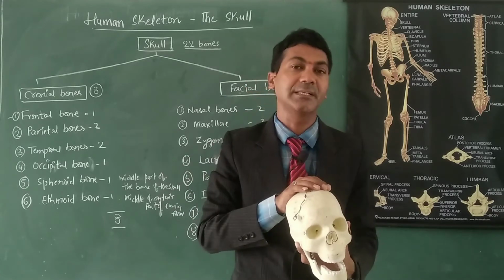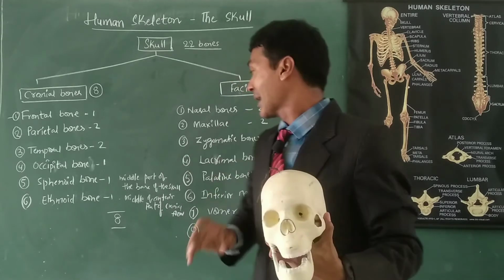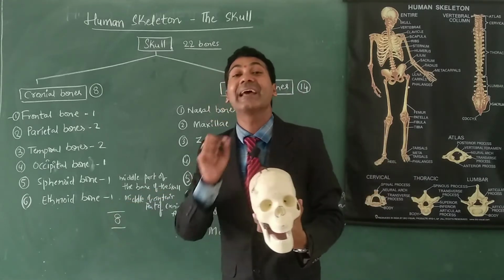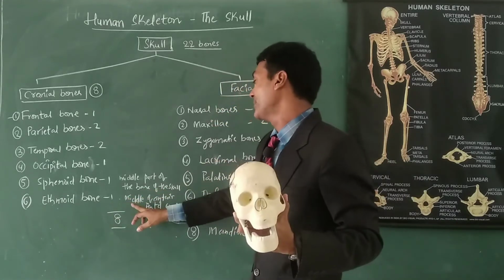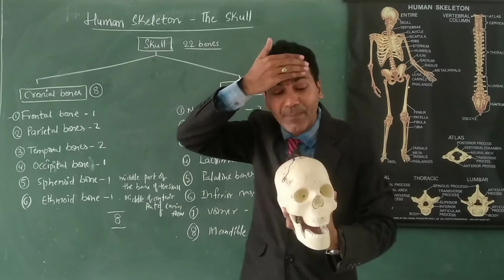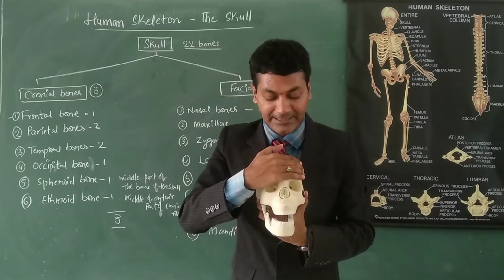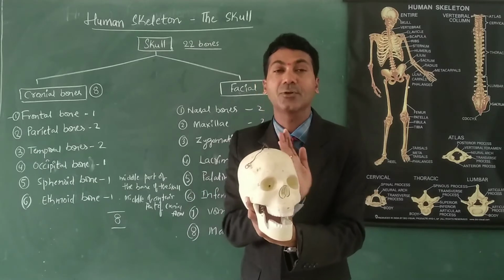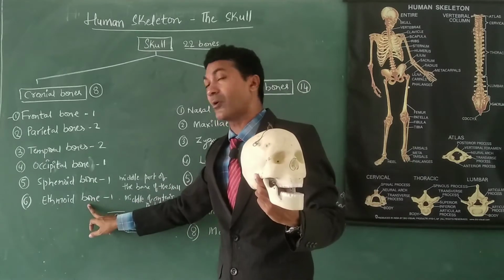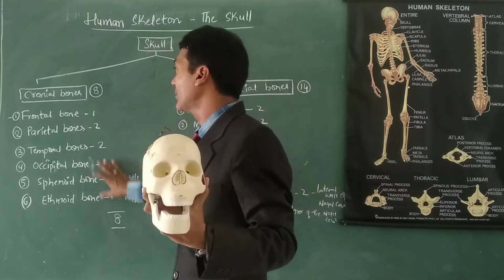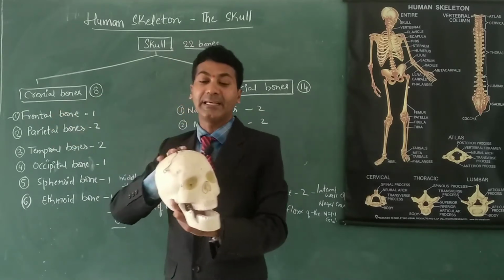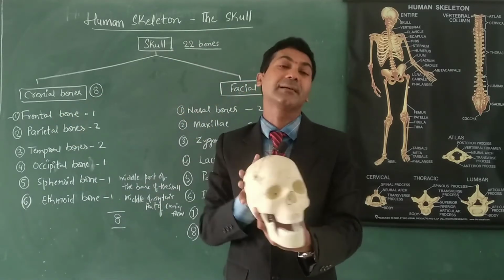And then one more bone is called the ethmoid bone, which is in the middle of the anterior part of the cranial bone. So innerly arranged, one more, the ethmoid bone. All these together are the cranial bones.